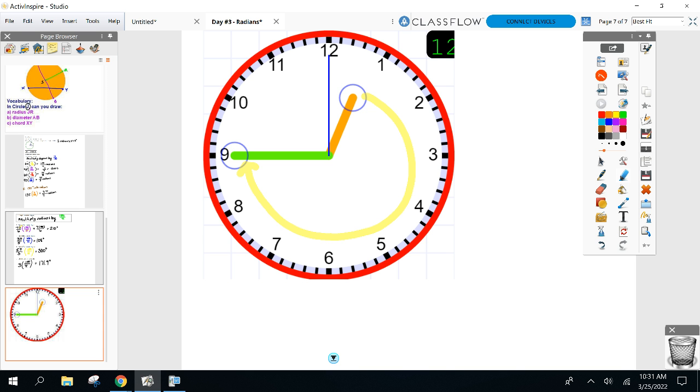So your answer should be less than 360, not in the thousands, like I've gotten a couple times during the years. All right, I gave you a hint that every time I go a minute is 6 degrees. Every time you go a minute, it goes 6 degrees, the hand. So there's your hint. All right, on you. Go ahead.